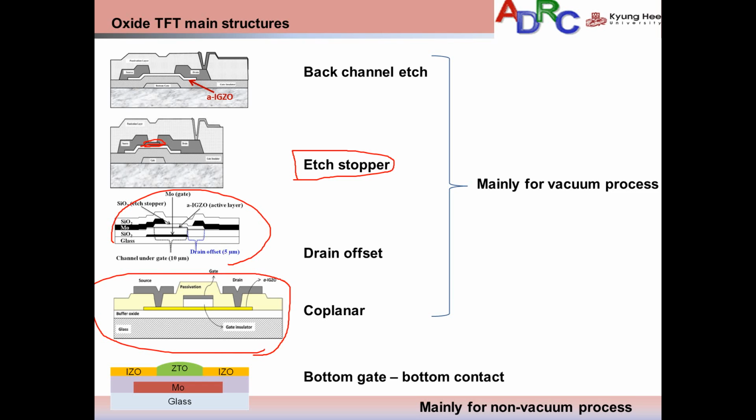A bottom gate top contact is also used. Why? Because the zinc tin oxide, for example, the oxide material which is deposited by inkjet printing, is the final step. So as the channel region is the final step to be processed, the other materials should be deposited before. That's why this TFT structure is used.